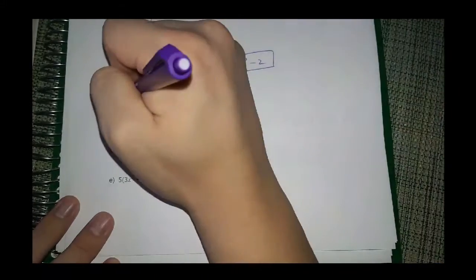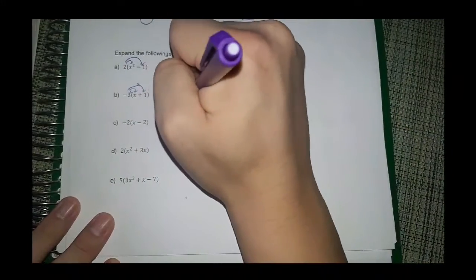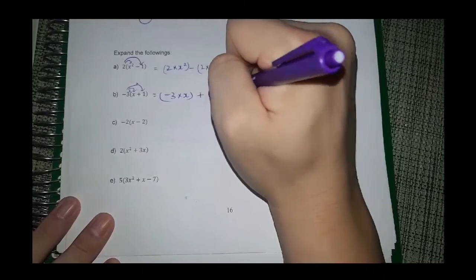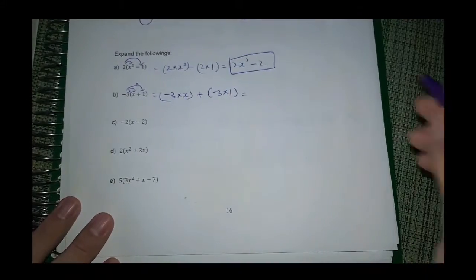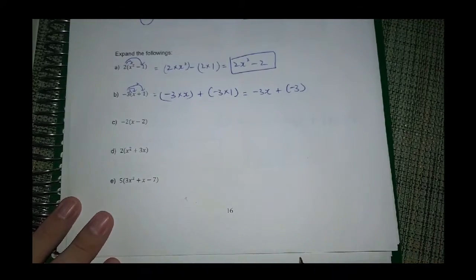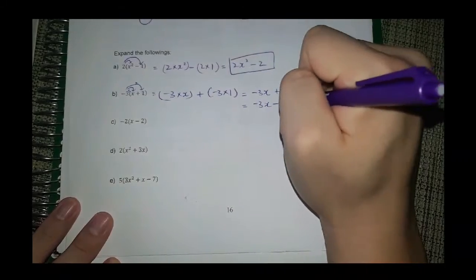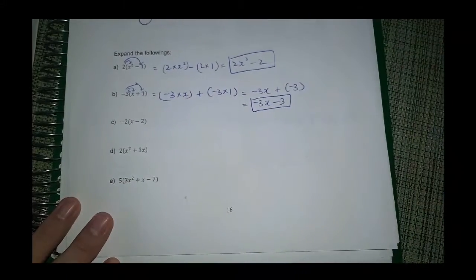It's multiplication that you should do for each of these terms. So negative 3 times x plus negative 3 times 1. So you technically have negative 3x plus negative 3, which is negative 3x and you can simply put minus 3.